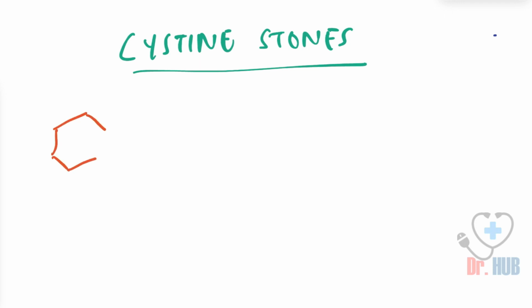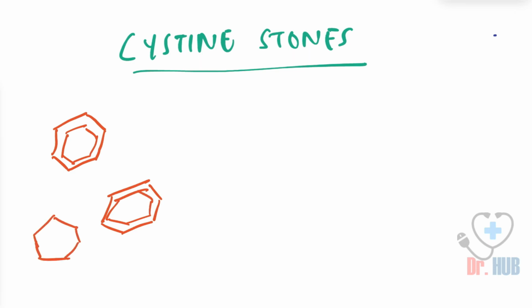This is how it is, hexagonal in shape. This is how the cystine stones look. These cystine stones are radiopaque. The struvite stones, staghorn stones, are also radiopaque.